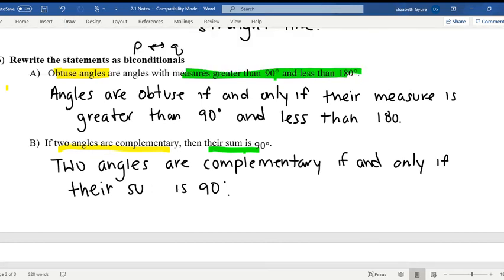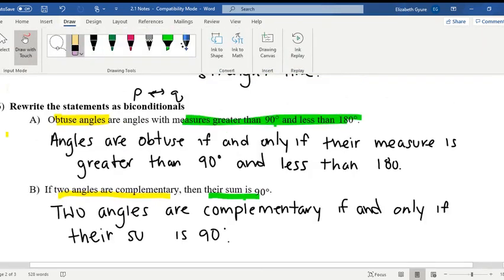So that's it for this part of the video, and then we're going to move on to our reasoning with inductive and deductive.